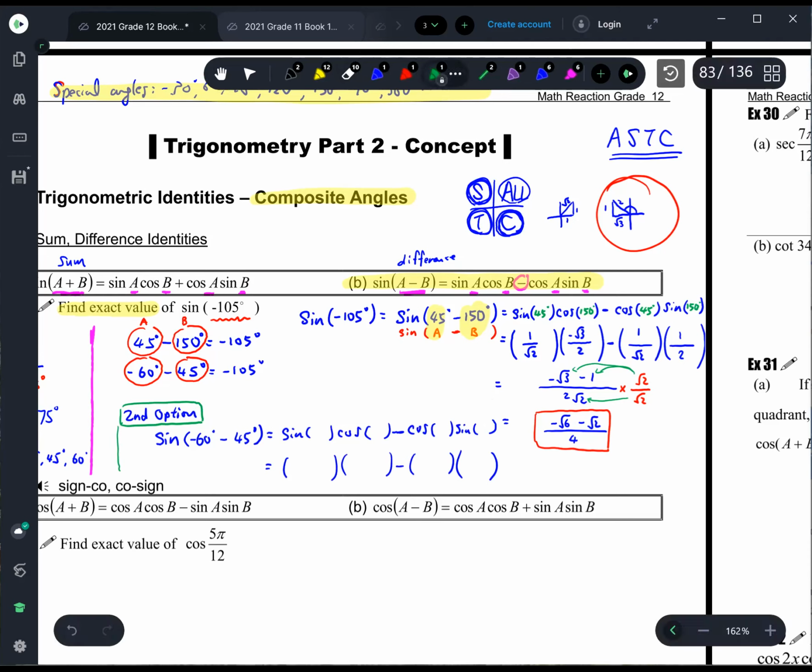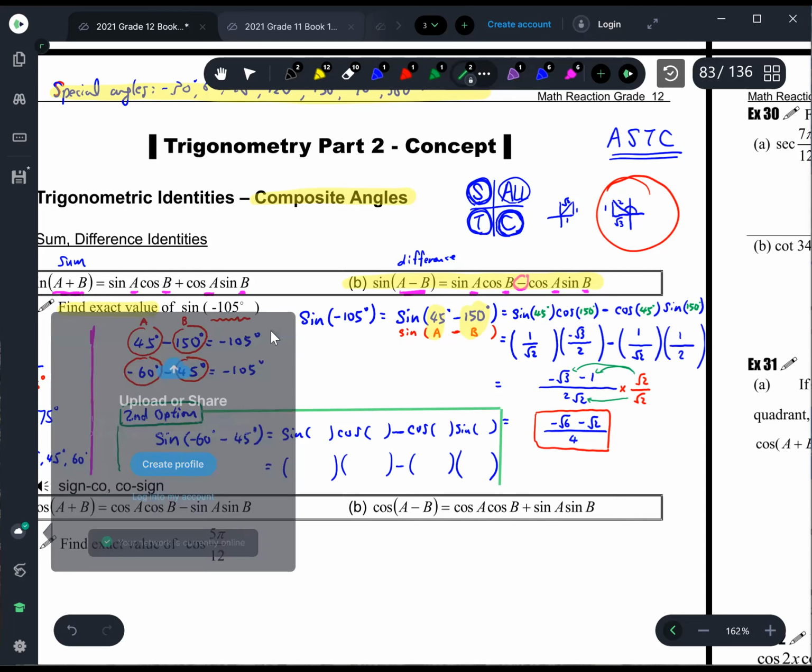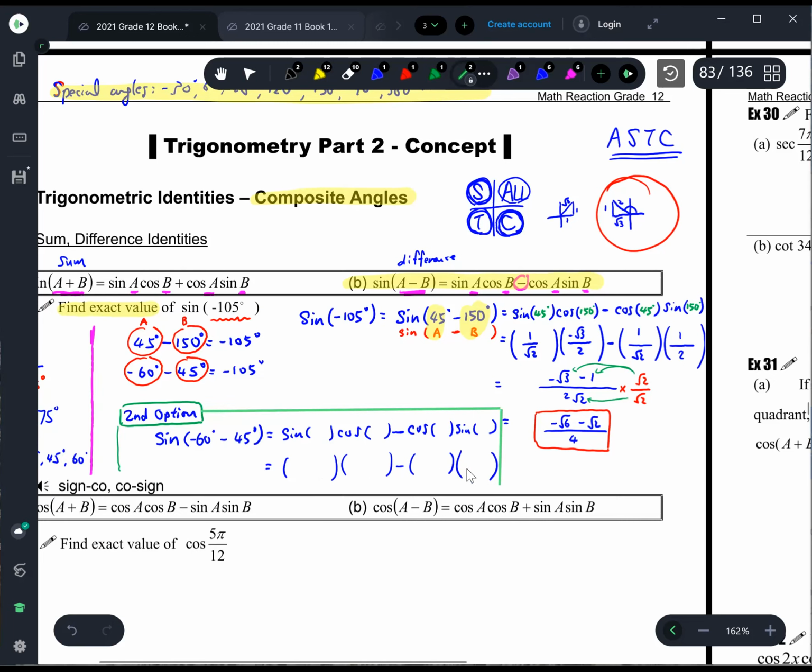Okay, please raise your hand after you get the 4 exact values.